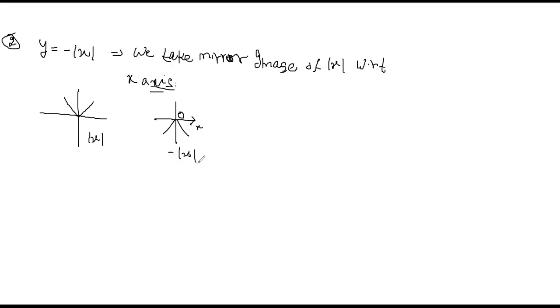Okay. Third point is y equal to mod of x minus 1. If you put x equal to 1, you will get y equal to 0.